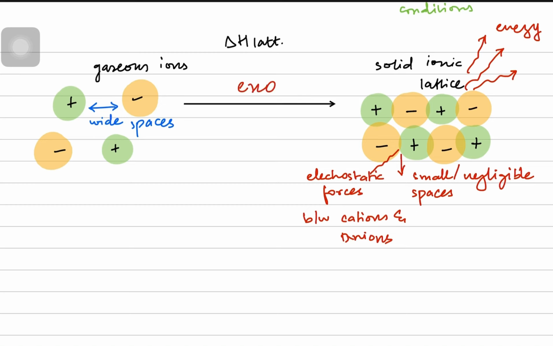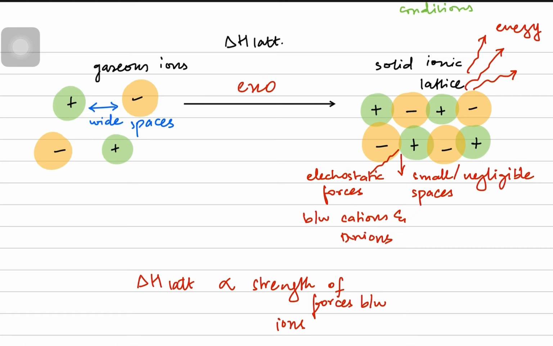This exothermic process releases energy, and the amount of energy depends on strong attractive forces. So the lattice enthalpy directly relates to the strength of forces between the ions.